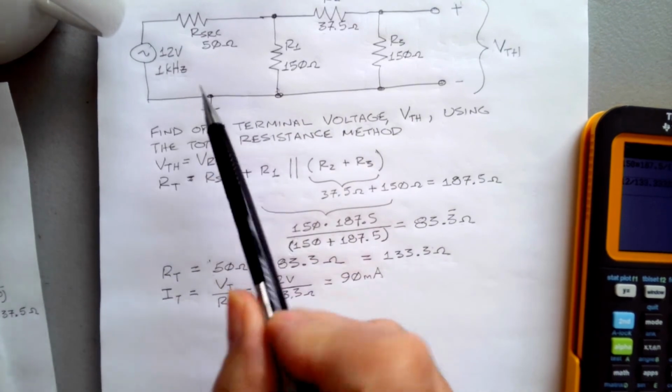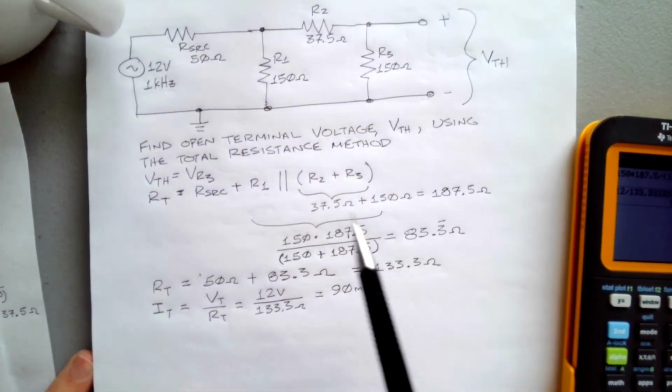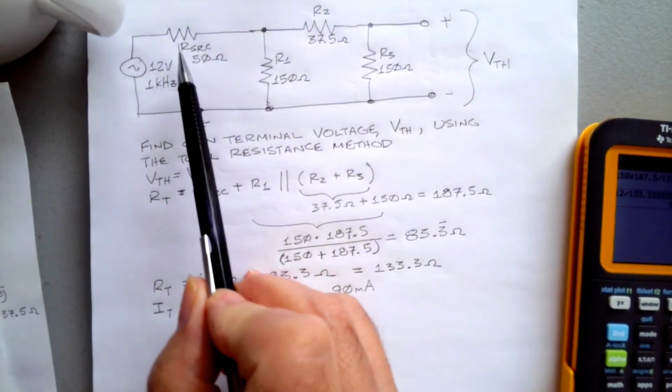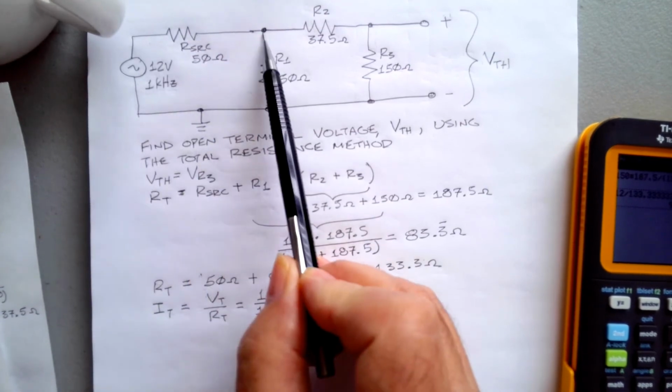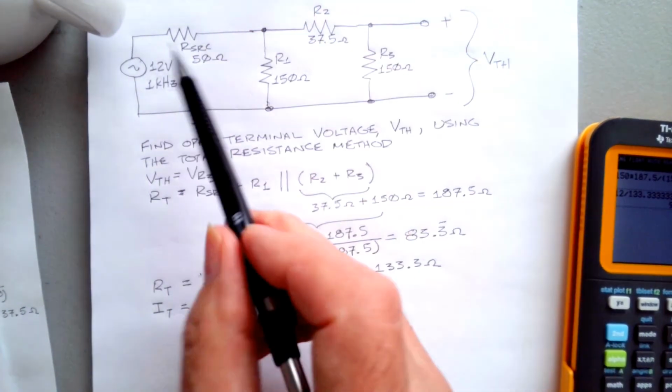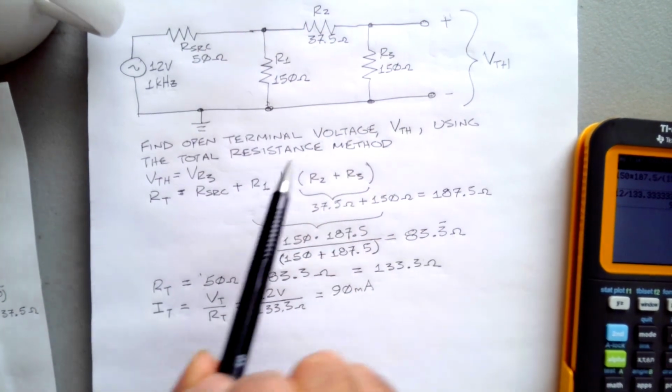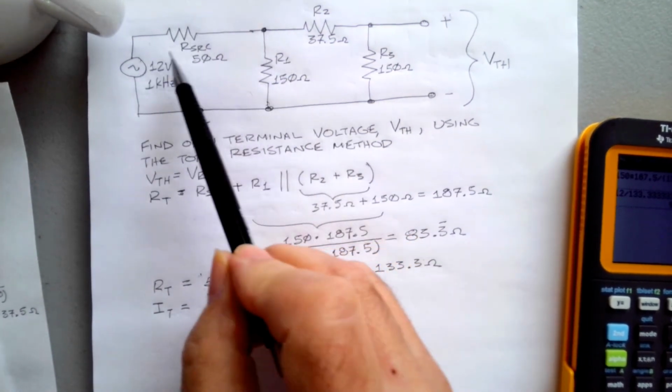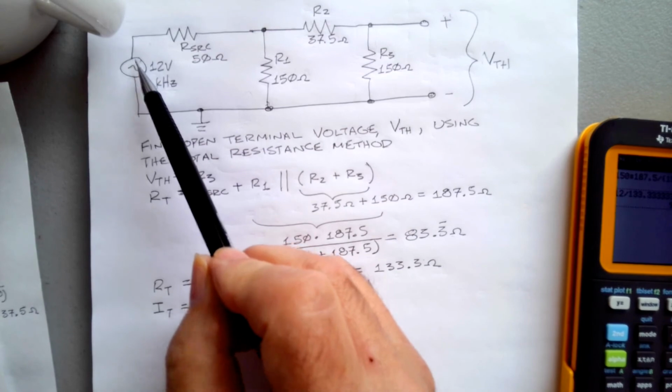Looking at our circuit up here, we need to go from 12 volts down to this thing. I'm not going to call it VGen anymore because we don't have a load in the circuit, but we have to get from 12 volts.